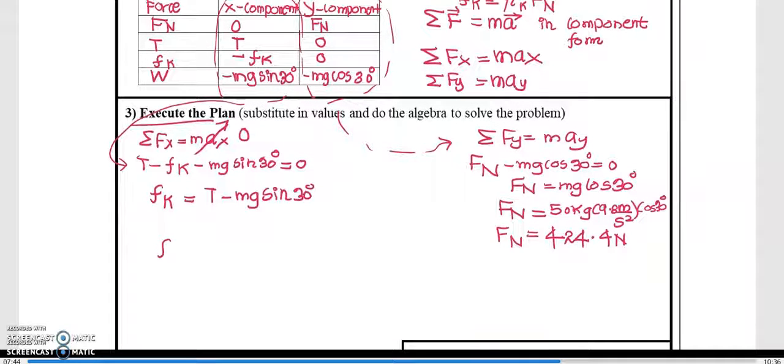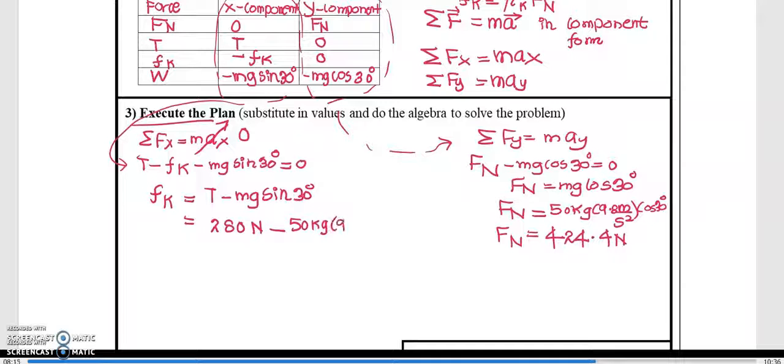And I'm going to now go back to the next step. So my next step is to use kinetic friction is equal to coefficient of kinetic friction times the normal force. I'm going to use that equation, but before that, let me go back and solve for the kinetic friction force because I already know the tension. It's given in the question and I already know the mass of the sphere and I can easily solve for the kinetic friction because anyways I have to solve for it.